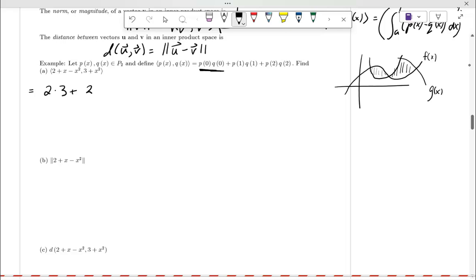You get a 0 again, don't you? And then what do you get in the second one? 4. Good. 2 times 4. The last one, when you put in 2, doesn't matter what I get, but I get 7, don't I? So 8 plus 6 gives me 14. That's the inner product.